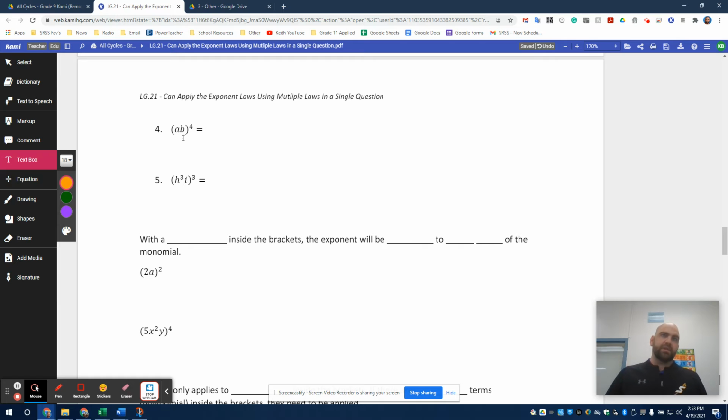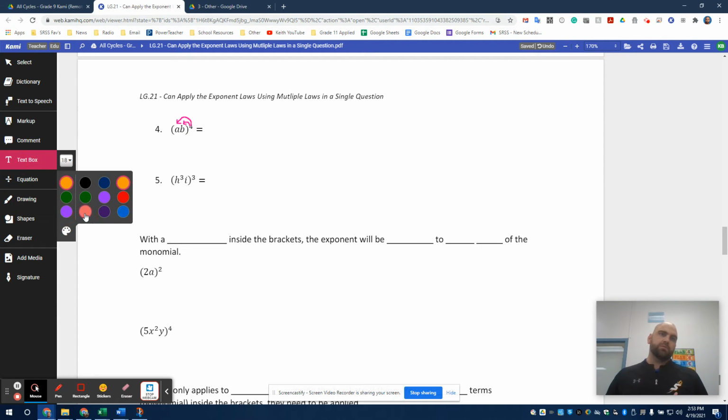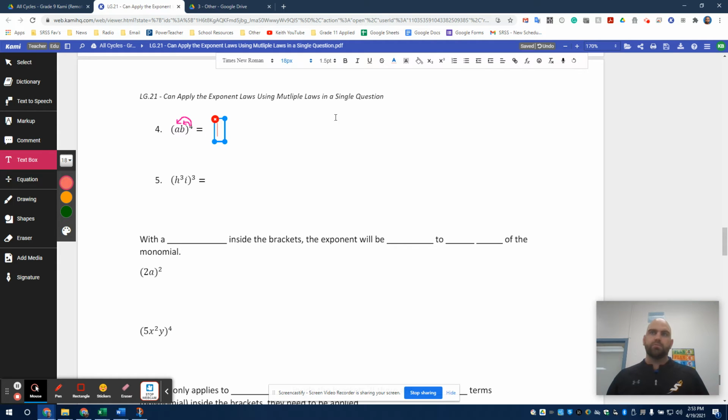Okay, here's another example. Now we have a monomial in here of ab, so it's a times b. What's going to happen here is we're going to take this 4 and apply it to the a, and we're also going to apply it to the b. Both of them right now have an exponent of 1, so it's going to be 4 times 1 and 4 times 1, which isn't overly difficult. 4 times 1 is 4.